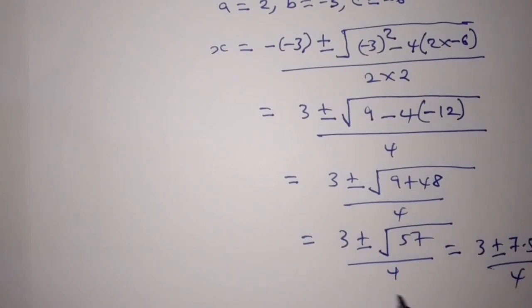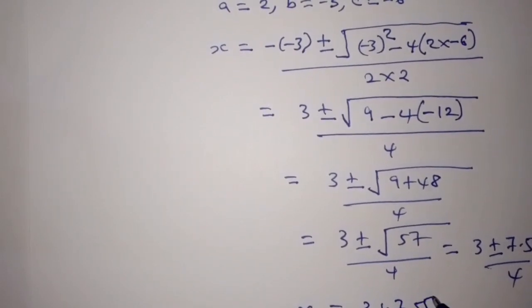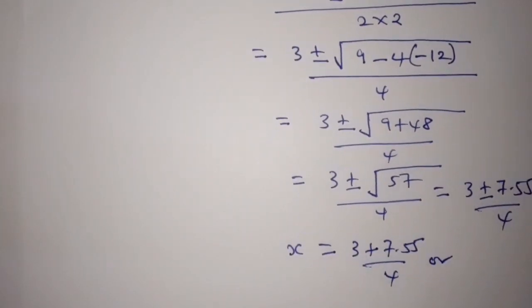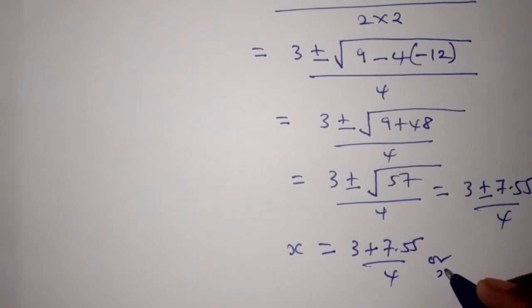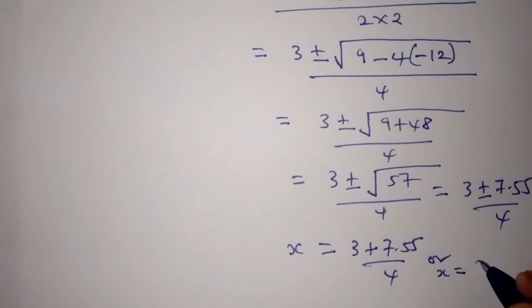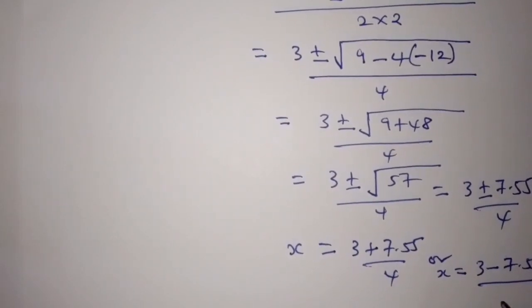So this is giving us x = (3 + 7.55) over 4, or x = (3 − 7.55) over 4.